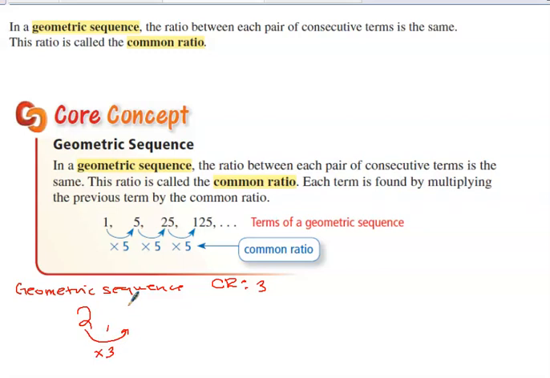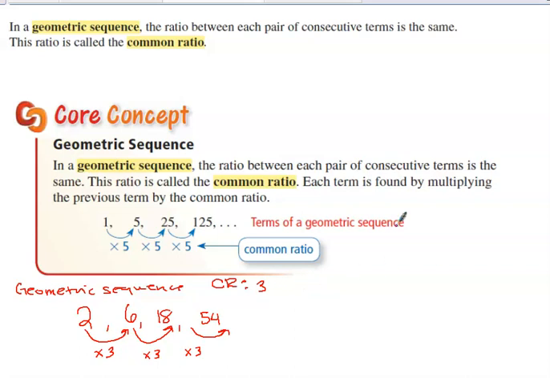So my next number would be 6. Then to get to the next number, I would multiply by 3 again, and my number would be 18. Then I would multiply by 3 again, and my next number would be 54, and so on and so forth.